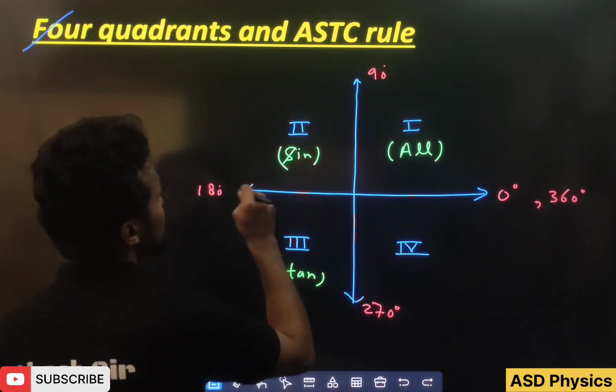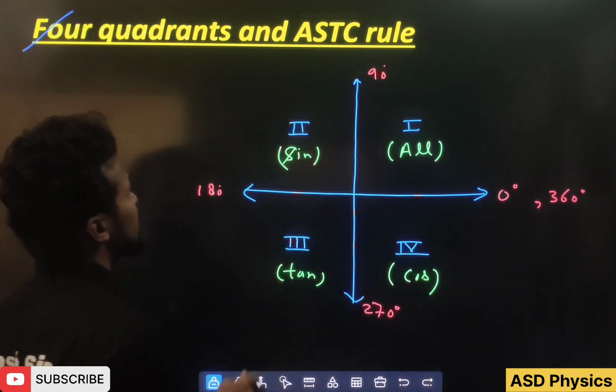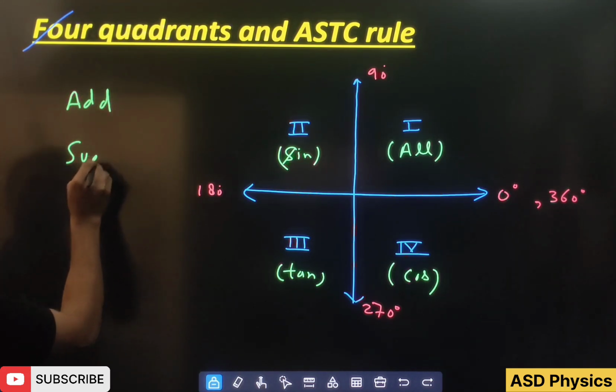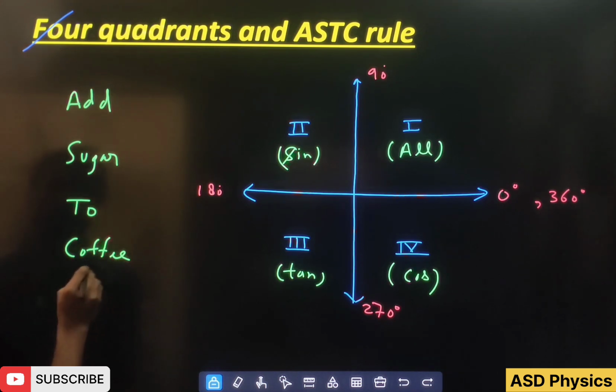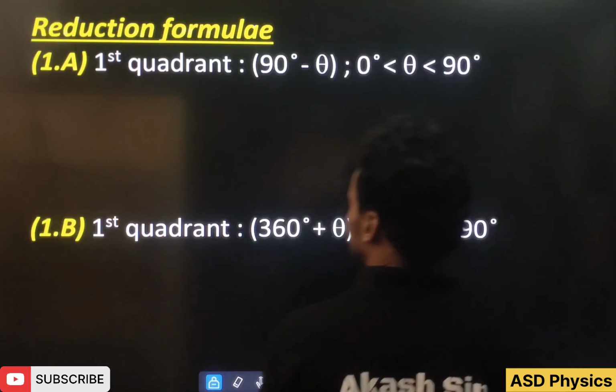And in the fourth, cos is positive. This ASTC, students, we can even remember like this: Add Sugar To Coffee. Okay. And these quadrants are very, very important.